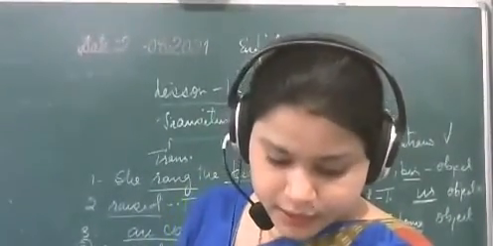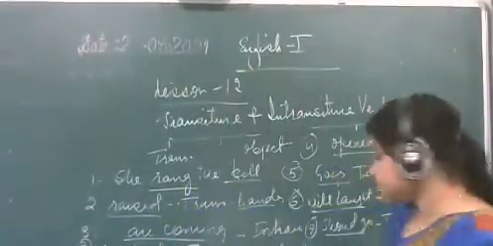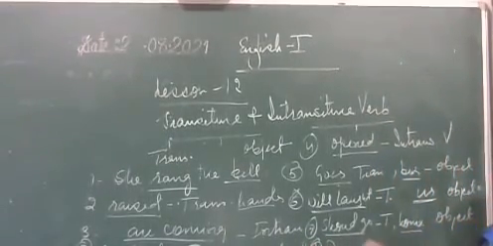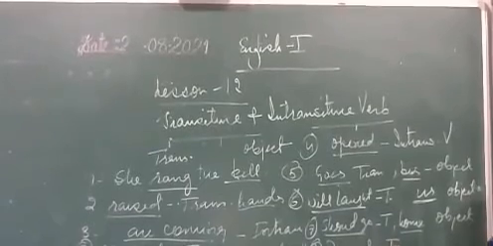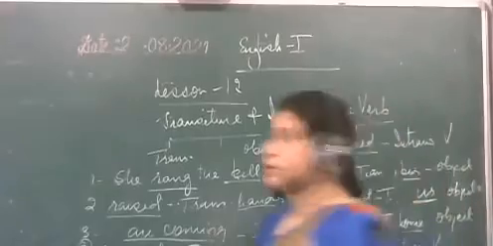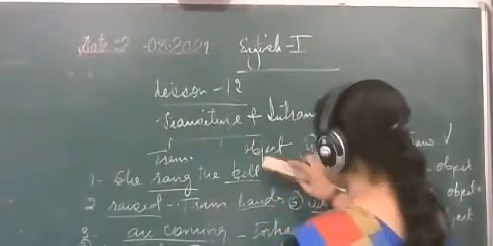Next one, nine. They danced all night. So the ninth is danced. Danced is an intransitive verb. Clear? I will write the 10th one here.